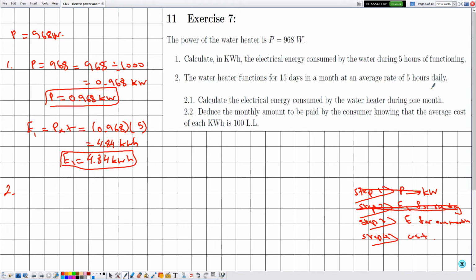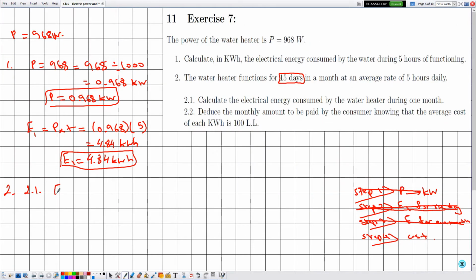Now they are telling me the water heater functions for 15 days. So the number of days is 15 in 1 month, at an average rate of 5 hours daily. Now in 2.1, calculate the electric energy consumed by the water heater during 1 month. They are asking me about step number 3.